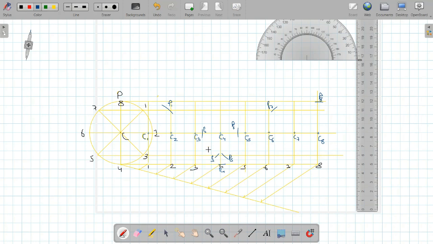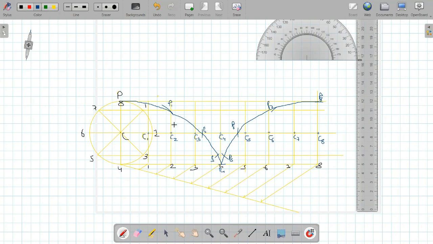Now we have to join these points by means of a smooth curve starting from point P, and the curve should pass through all these points P1, P2, P3, P4, P5, P6, P7, and P8. So this completes the cycloid part.